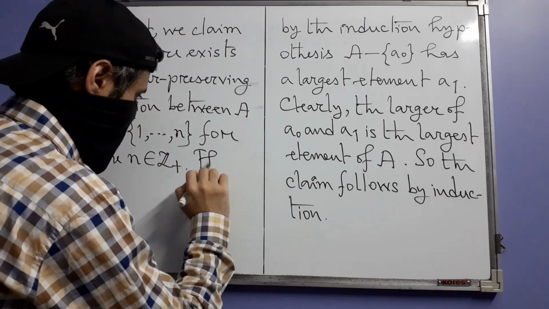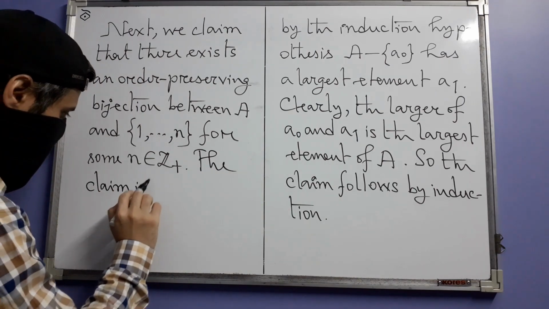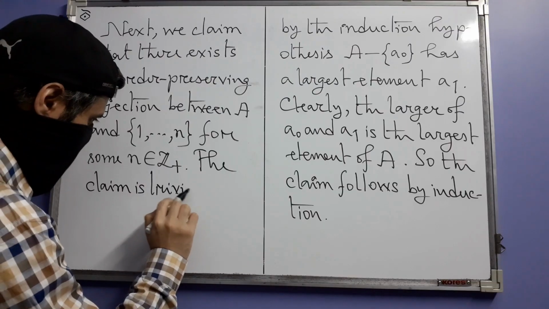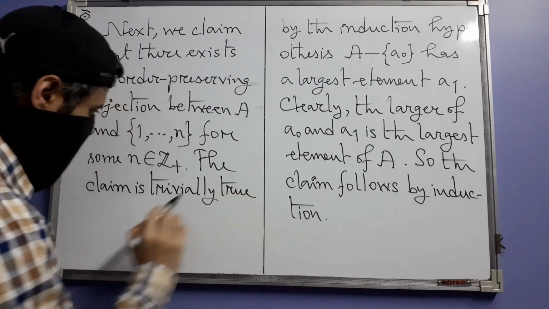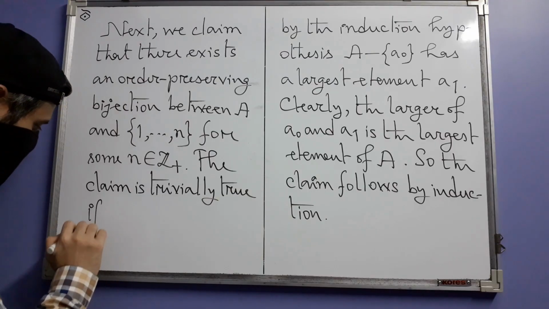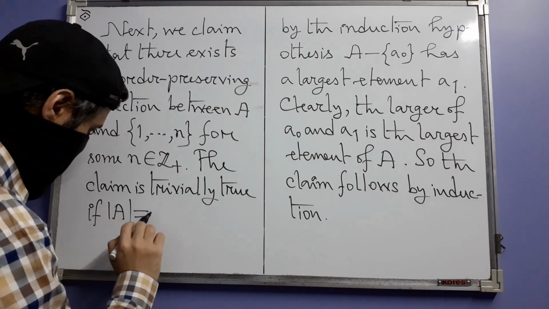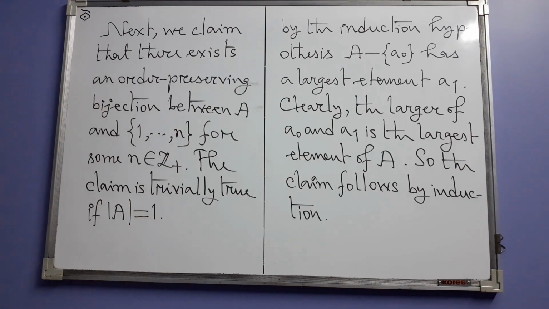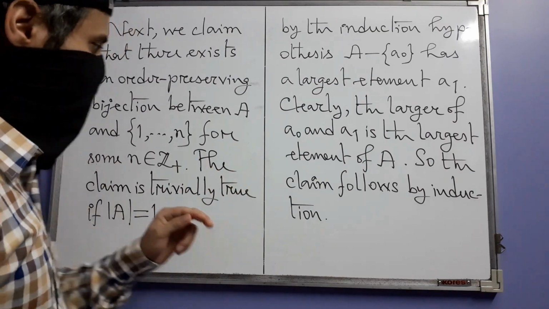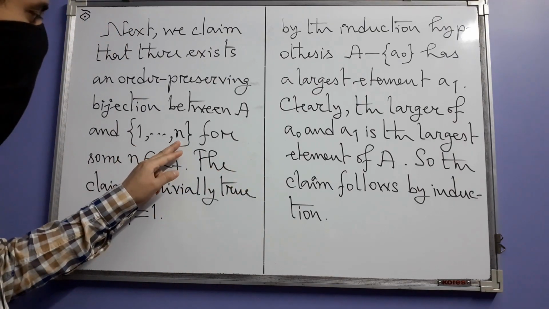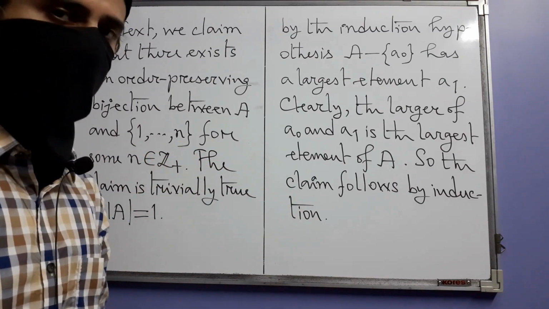The claim is trivially true if A has only one element. Why? Because in that case A is a singleton set, and so is this section of positive integers. In that case we will take n equal to 1.